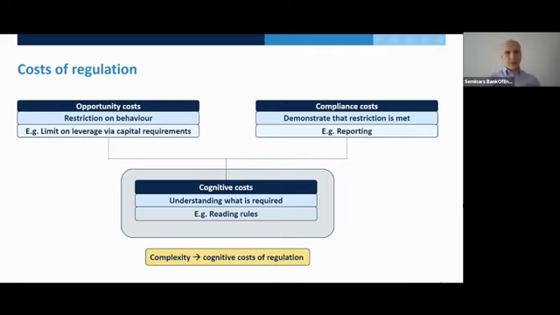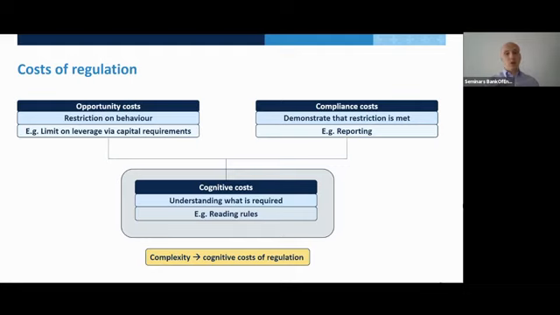There are several costs of regulation: opportunity costs, compliance costs, cognitive costs. When talking about opportunity costs, you can think about restriction on behavior, so what are the limits on leverage by capital requirements? We talk about compliance costs. You might need to demonstrate that restrictions are met, for example, costs of reporting.